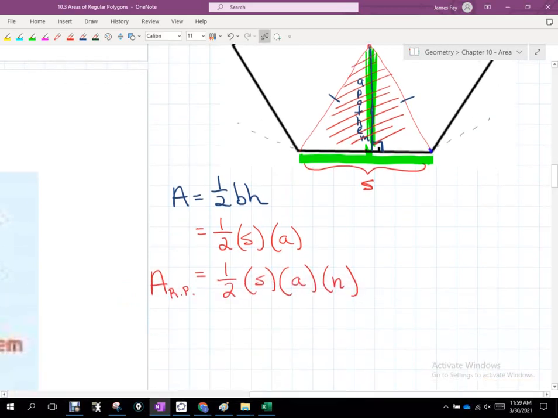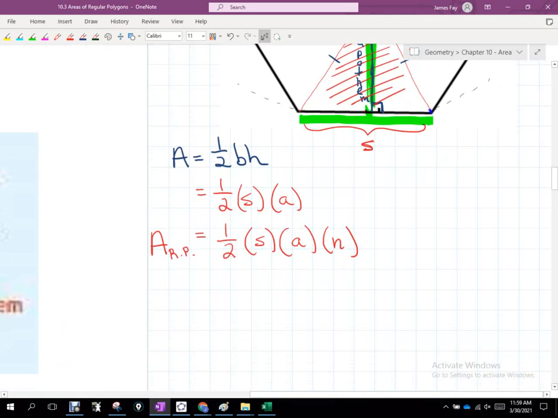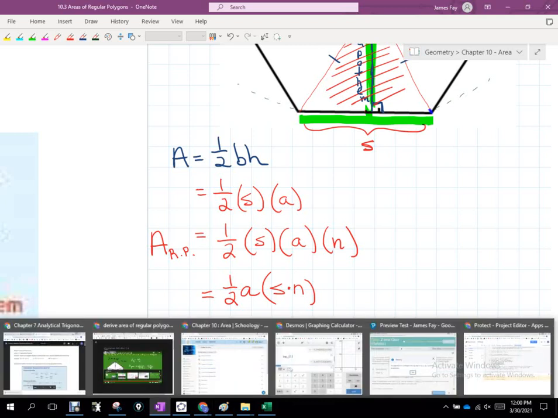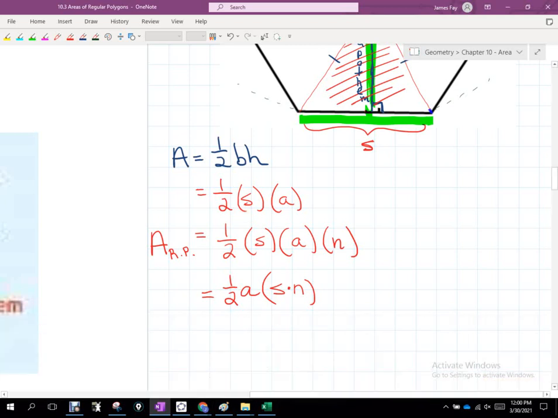Okay. Now that's not 1/2 AP, is it? It is. We do have the 1/2 A. But then the other stuff that we have here is S times N. And remember what S was? S was the length of a side, right?